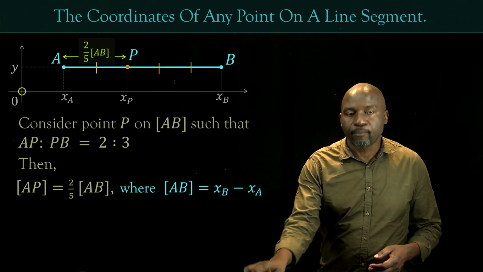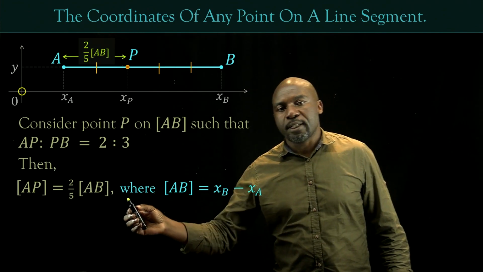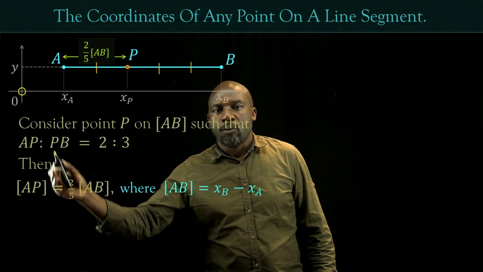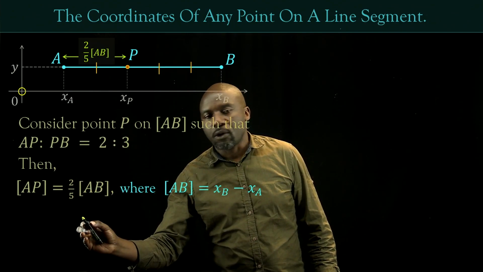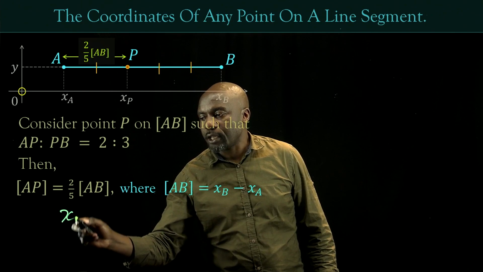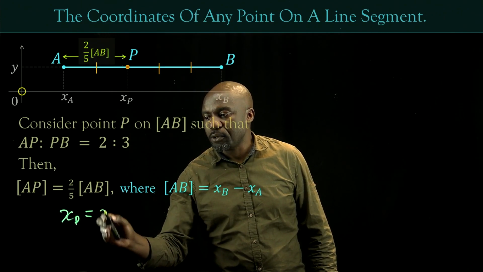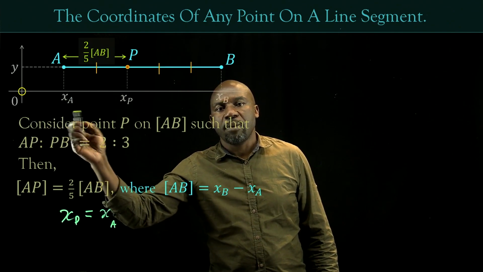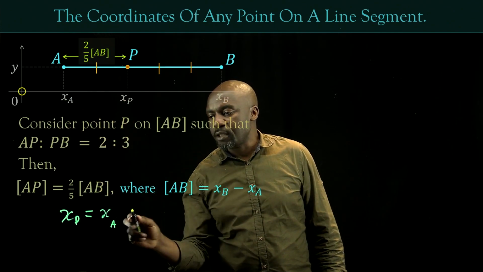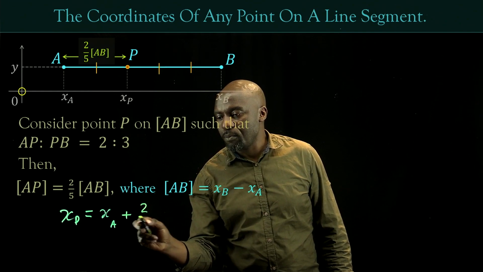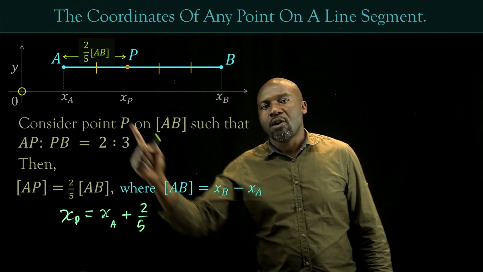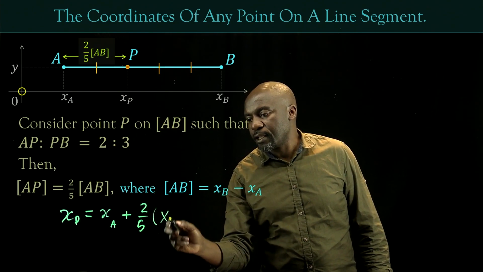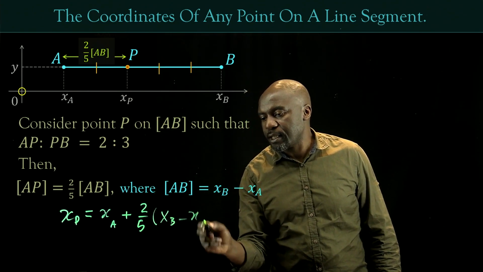So we're looking for XP. And so XP must be equal to XA, which is the distance from here to here, plus this much. But this much is 2 parts out of 5 of AB. But AB is XB minus XA.